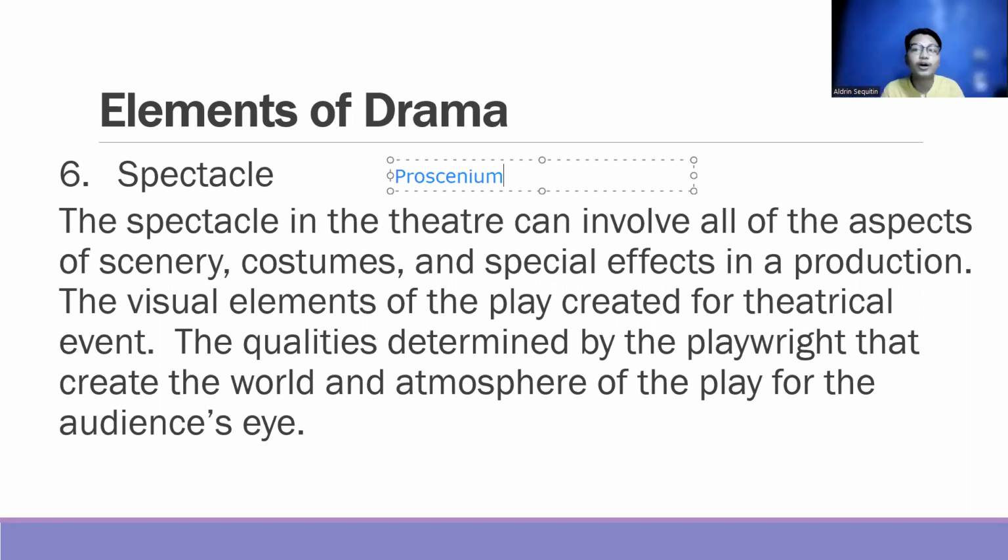Parang ganito po. Okay? So lahat lang po nung nasa harap nung butas na side ng stage natin yung nakikita. So kung ano man po yung nangyayari sa right side ng stage or sa left side ng stage, since naka-frame or framed po yung ating stage, we cannot see those things na po. Okay, so that is a proscenium stage.